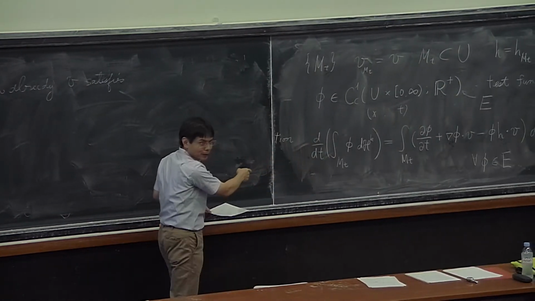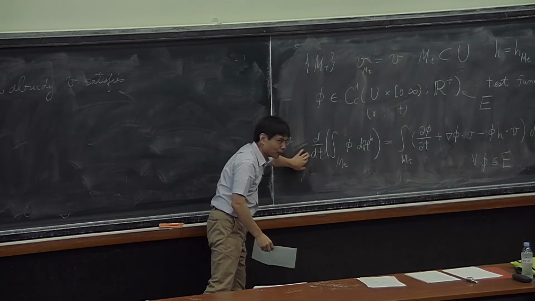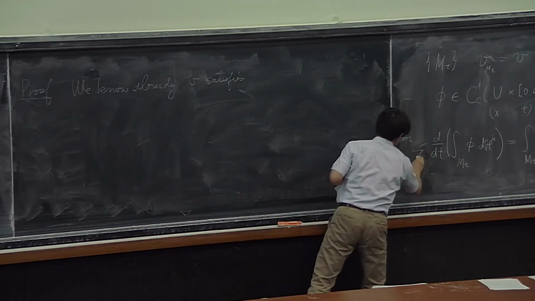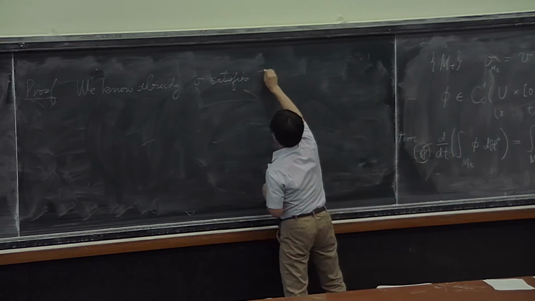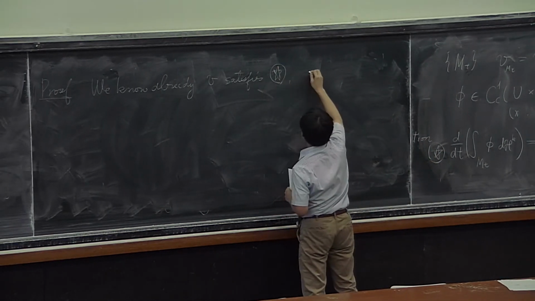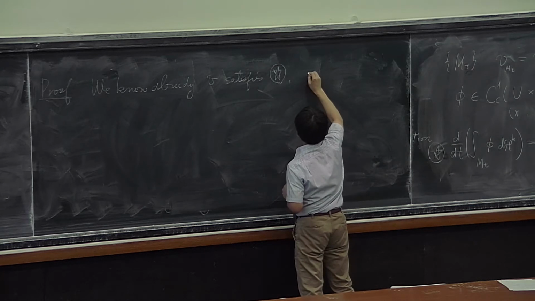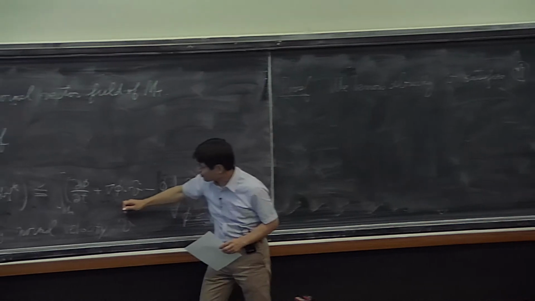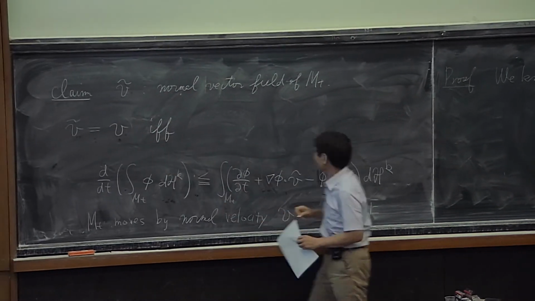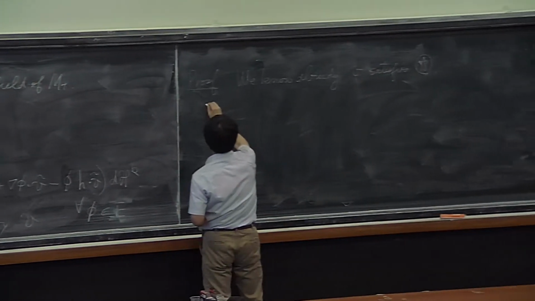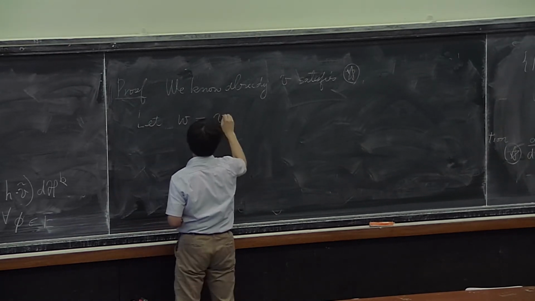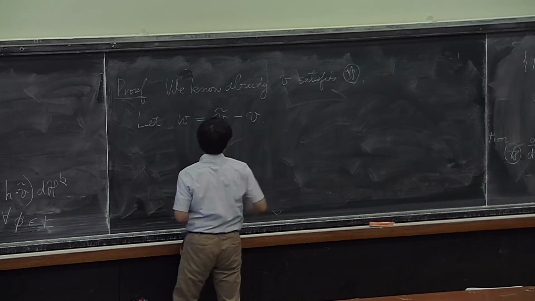The velocity vector itself satisfies this equality. So maybe I should just start. All I have to prove is, of course, that this implies this. So let's consider W to be the difference, v tilde minus v.